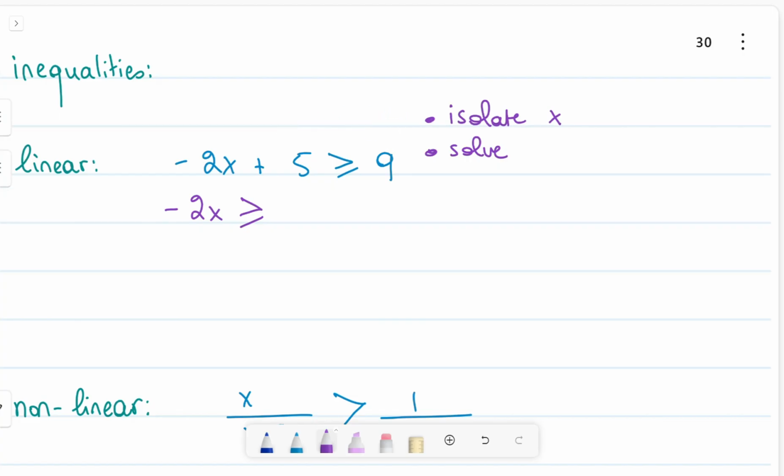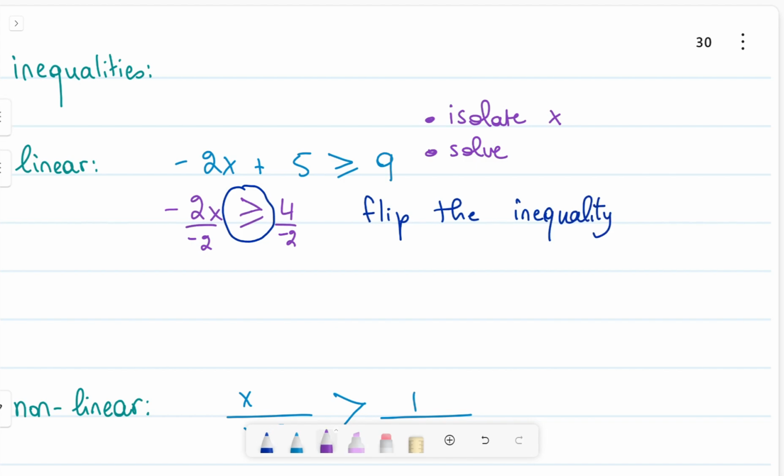So 5 minus 5. On the left side, we no longer have the 5, and on the right side, now we have 4. Now, we would like to divide both sides by negative 2. And when this happens, do not forget to flip the inequality sign.